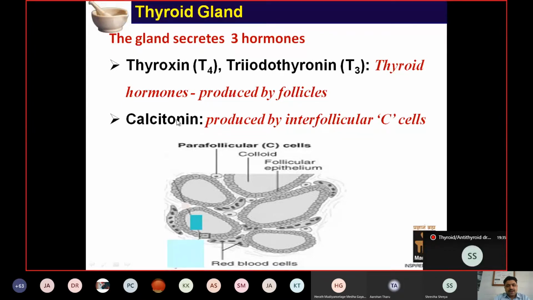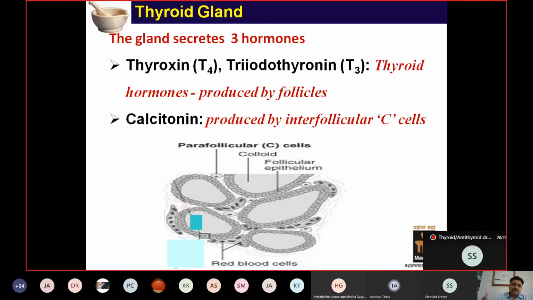Even though these three hormones are released, when we say thyroid hormone, we are talking about thyroxine and triiodothyronine. These two are the thyroid hormones, and today we will be talking about these two. Calcitonin, even though it is released by the thyroid gland, comes from another cell, the parafollicular cell, and it controls calcium metabolism in our body.